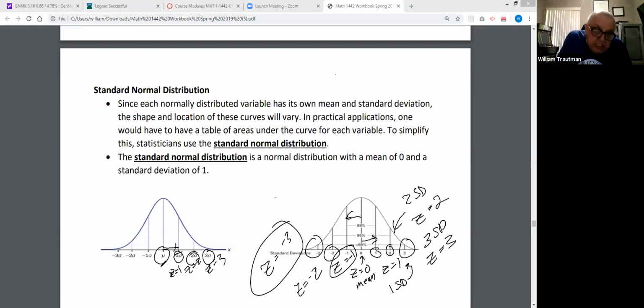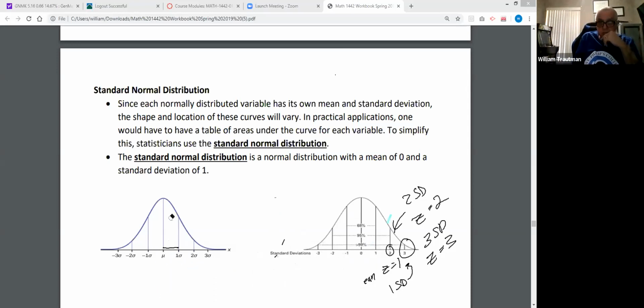And the z value at the mean we call a z value of 0. You're 0 away from the mean. Z values tell you how far away from the mean you are in standard deviations. All right, so we're going to be dealing with a lot of z values today.